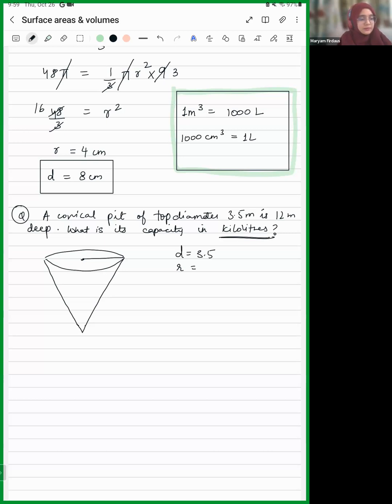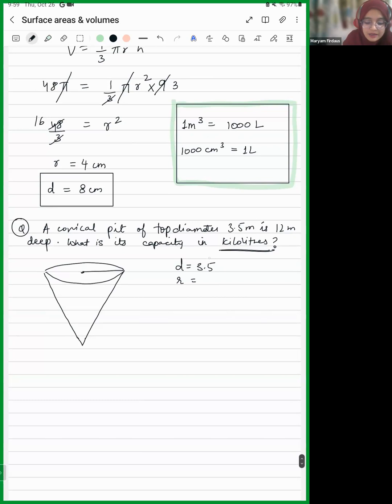Yes, ma'am, half of it. Okay, then it's not 1.25. Half of 3.5 is 1.75. Okay. And what else?